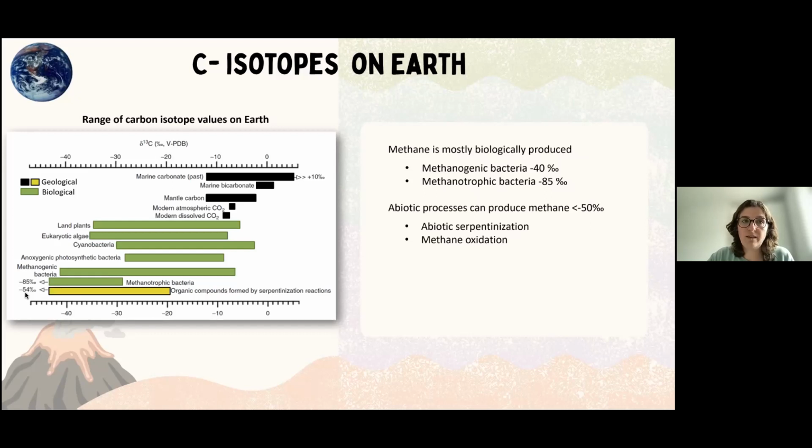So this abiogenic serpentinization is a chemical process that happens when certain types of rocks, like igneous rocks, are exposed to fluids that are rich in hydrogen and methane. But biology is not required for this process.